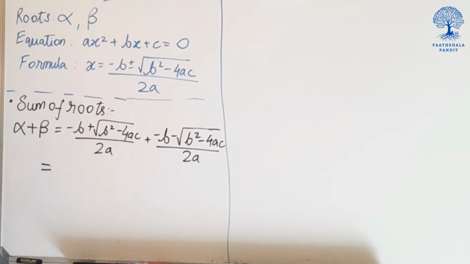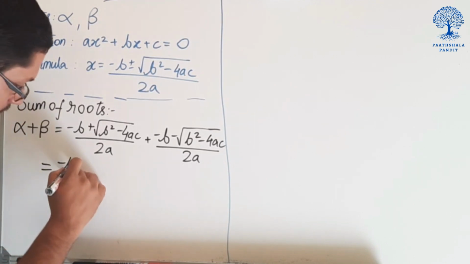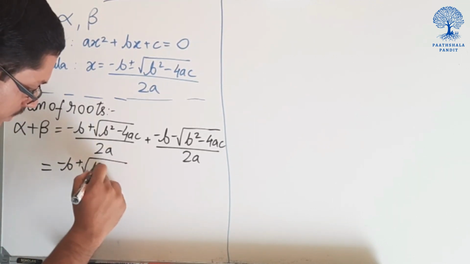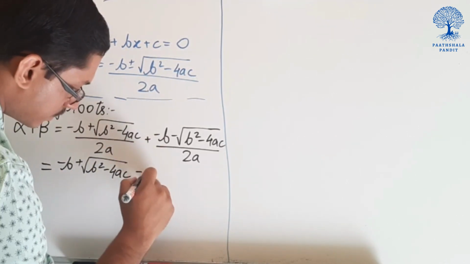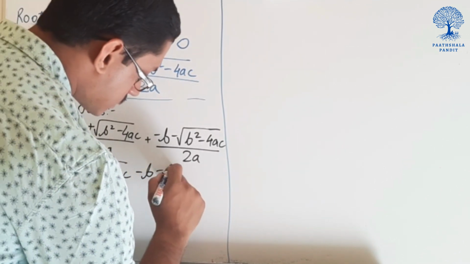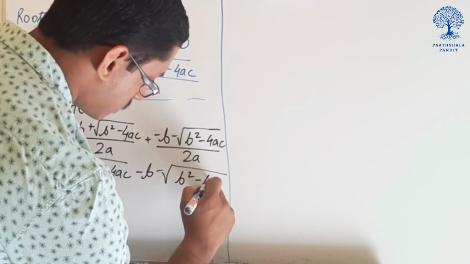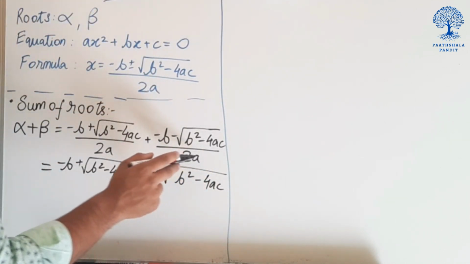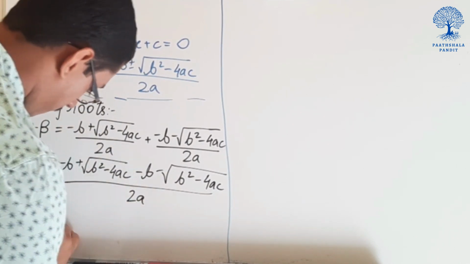Now we will add it. How to add it? Minus b plus root of b square minus 4ac, okay, now this minus b plus this minus b, now minus root of b square minus 4ac, because see the denominator is the same, right? In both terms the denominator is the same, so you can just take 2a common.